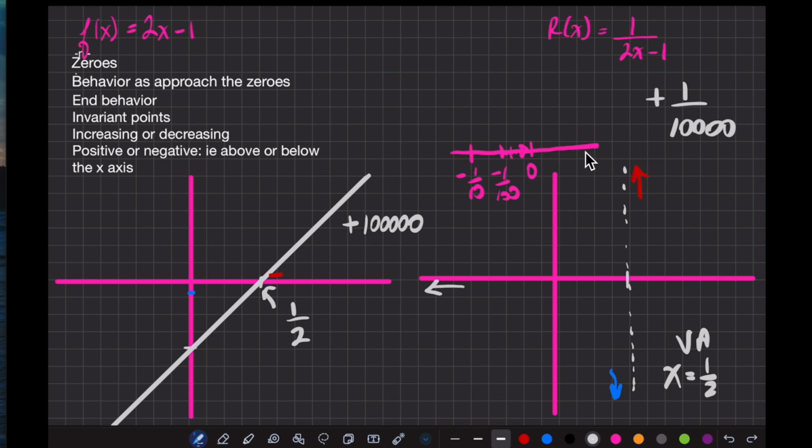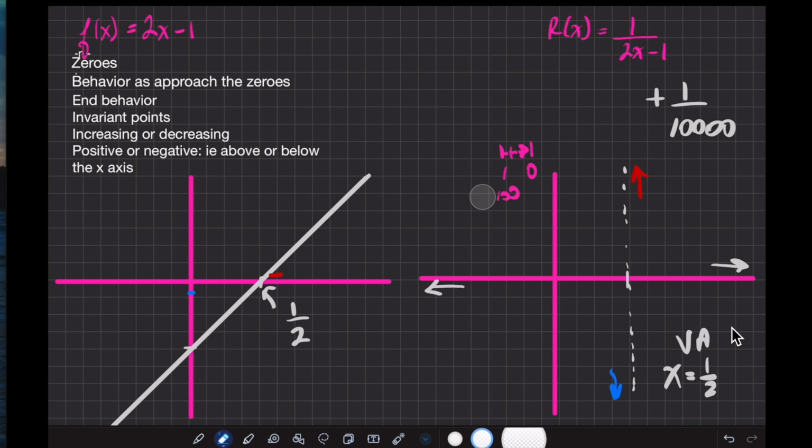So when you're heading towards positive 1 over a million, you're heading towards 0 from the positive side. That is what our graph is going to do. So I'm going to indicate that by an arrow heading towards 0, the y value heading towards 0, but from the positive side.